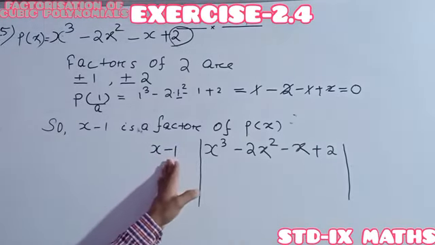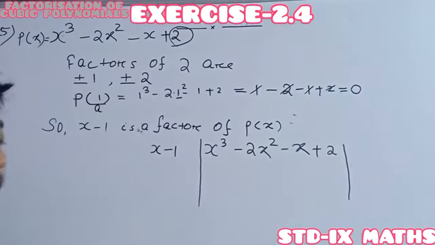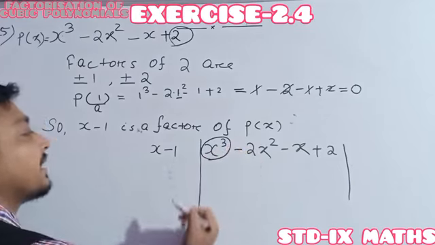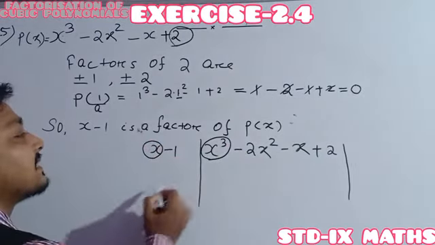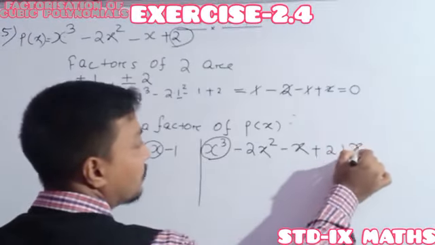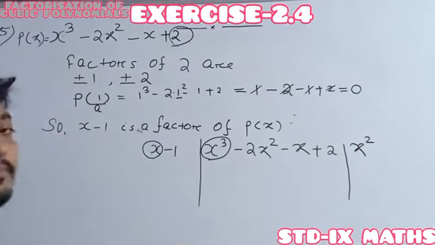With one of the factors you have to divide the total polynomial, and the trick is to take the highest term, here x cube, and the highest term of the divisor, x. x cube divided by x gives the first term of the quotient, which is x square.